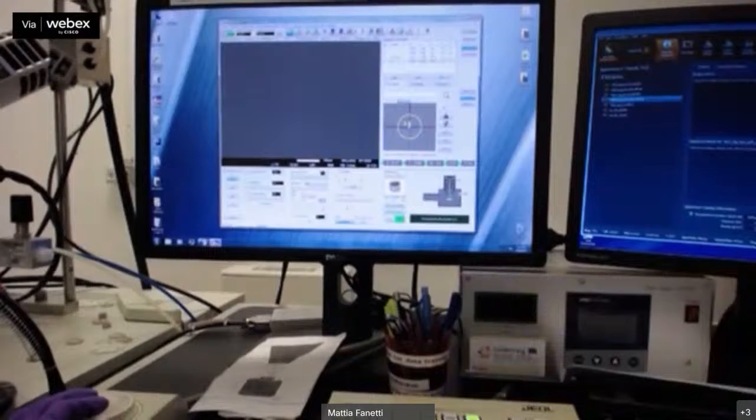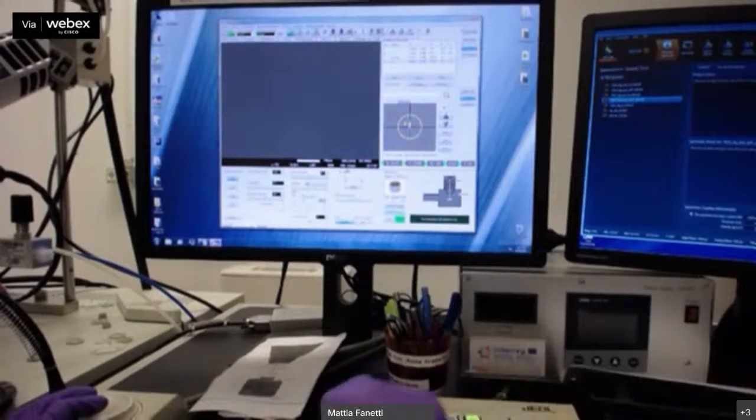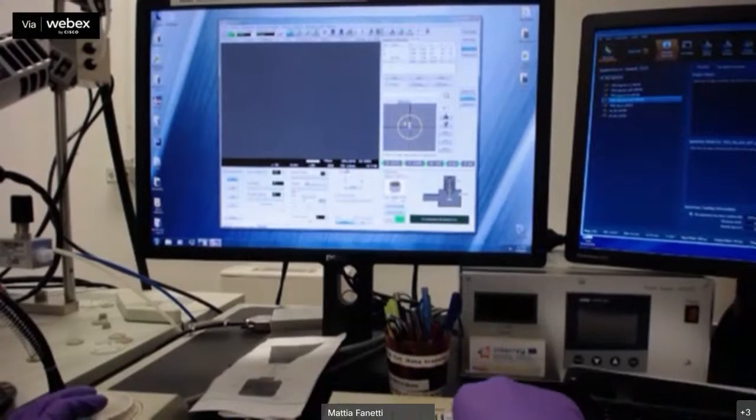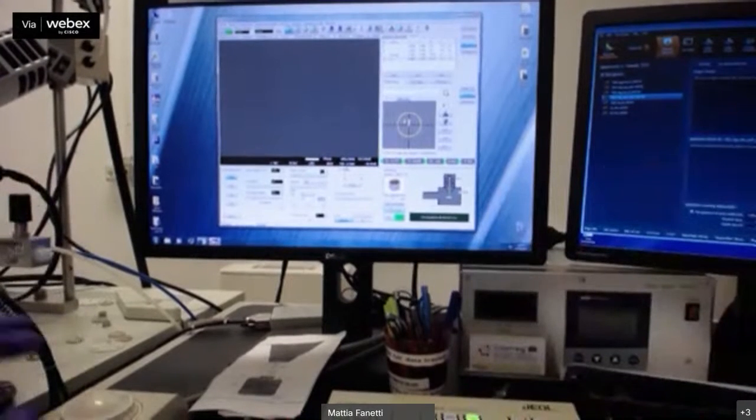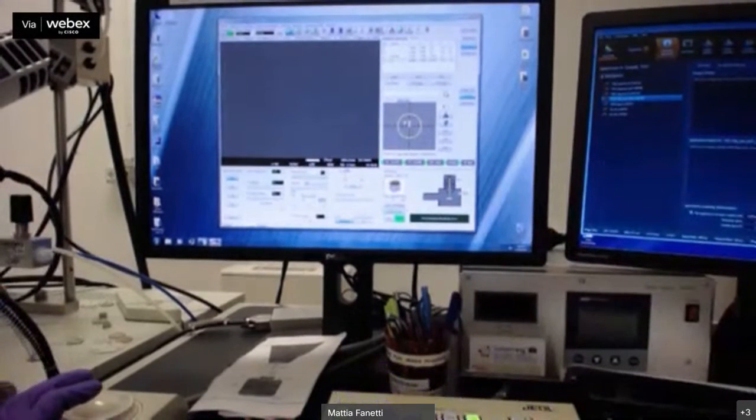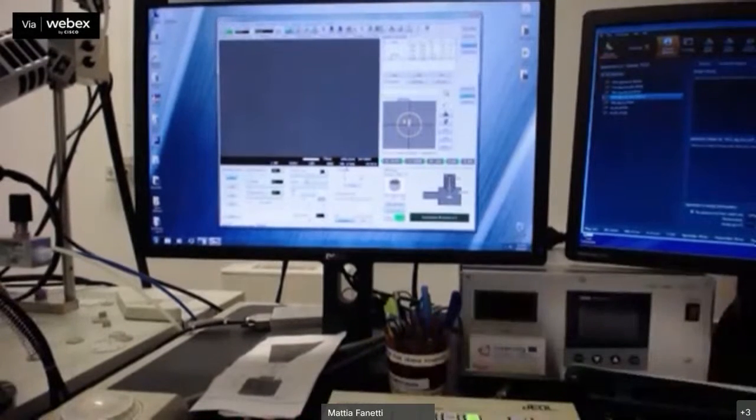It doesn't work. Okay, here we have a problem, quite serious. And probably for some reason the microscope is not aligned. Some big misalignment happened, and so we are completely out of alignment.